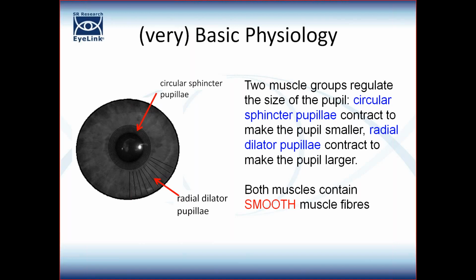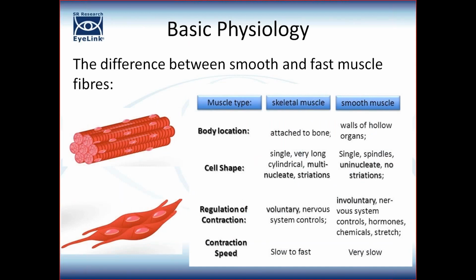The fibers within these muscles are smooth muscle fibers. This has huge implications for our understanding of what we're seeing when we're looking at pupil responses, because smooth muscle fibers are slow. There are actually three main types of muscle fiber in the body. There are skeletal muscles, cardiac muscles is the second one, and then smooth muscles. Skeletal muscle fibers can be fast. For example, the muscle fibers that actually move the eye, the extraocular muscles, are fast.